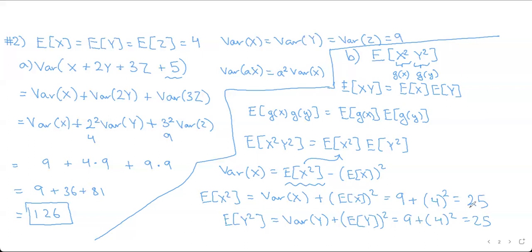So now that we have these, we can plug these back into our initial expectation equation, right? So the expectation of x squared times y squared is simply 25 times 25. And that should give you 625. Okay.